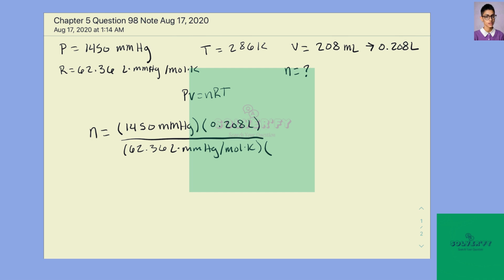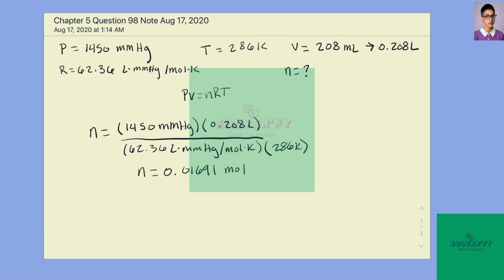And then we're going to times that by our temperature, which is 286 Kelvin. Alright, so when we calculate this out, our number of moles is going to equal 0.01691 moles.